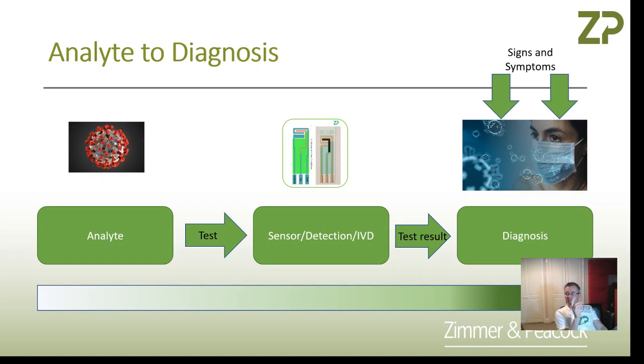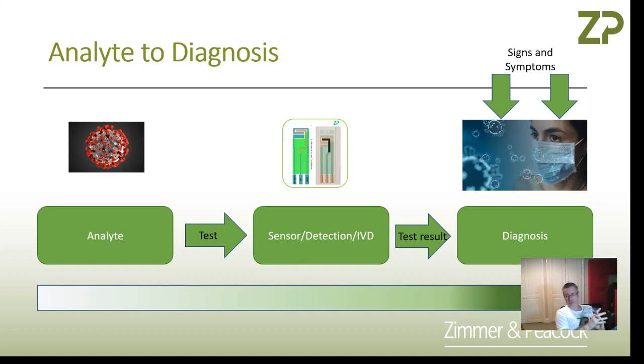Now, really, the diagnosis is always made by a doctor or a health practitioner, and they'll look at the test result, and they'll look at the signs and symptoms of the patient, because the test result, without the context of how the patient looks or feels, might be erroneous, or you can get a positive test result, but that doesn't necessarily define the actual disease.